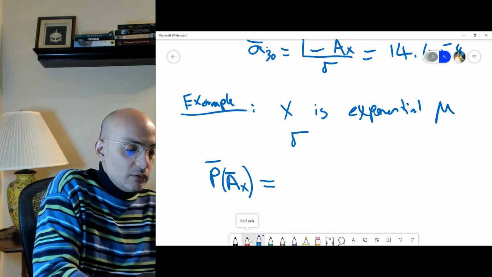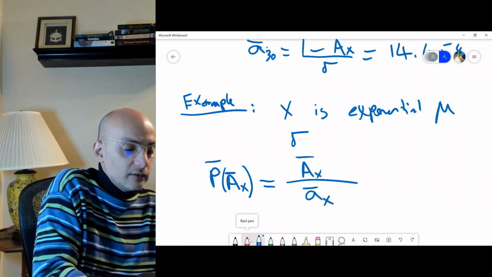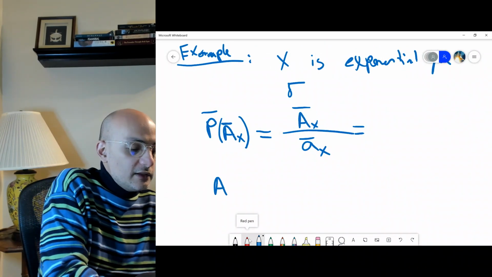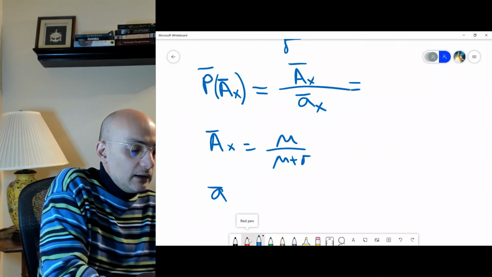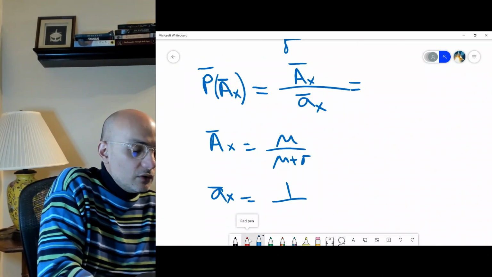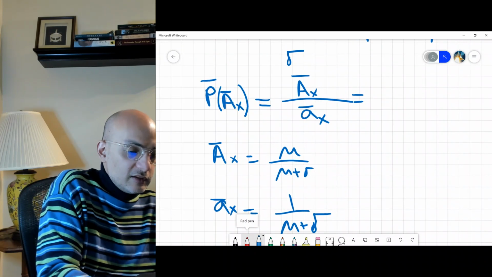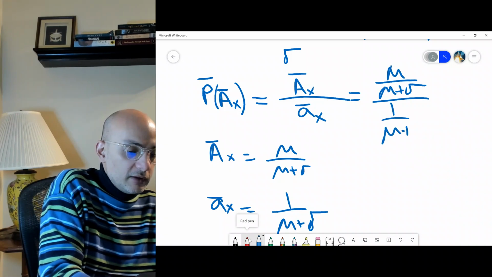Then this one we know: it's A-bar X divided by a-bar X. For the exponential distribution, you remember that A-bar X is simple, it's mu over mu plus delta, and a-bar X is 1 over mu plus delta. Those we know, right? So now we plug in these here: mu over mu plus delta over 1 over mu plus delta.